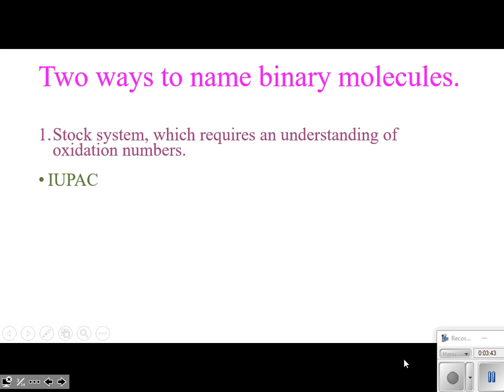Now, IUPAC, this is a new term. We probably haven't talked about IUPAC yet, have we? Okay, what IUPAC is, it's the International Union of Pure and Applied Chemistry. IUPAC are the chemistry naming people. So the IUPAC way to name is using the stock system.